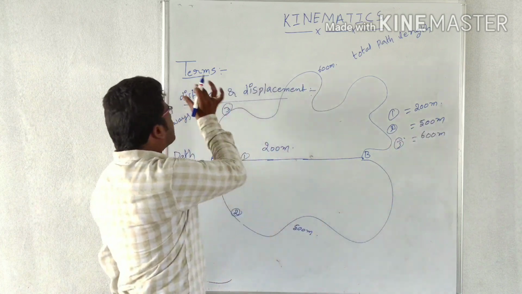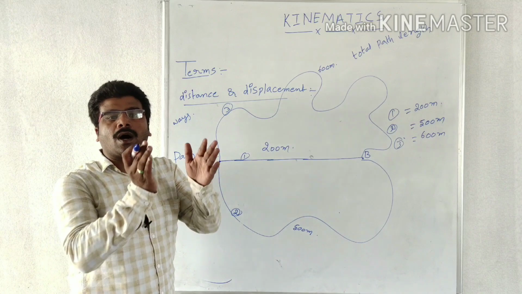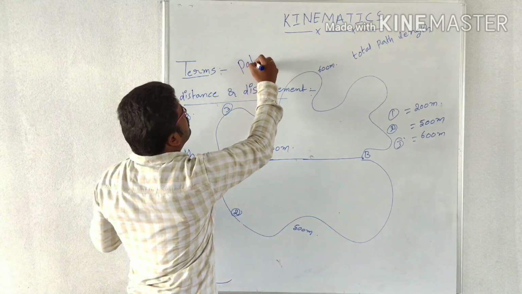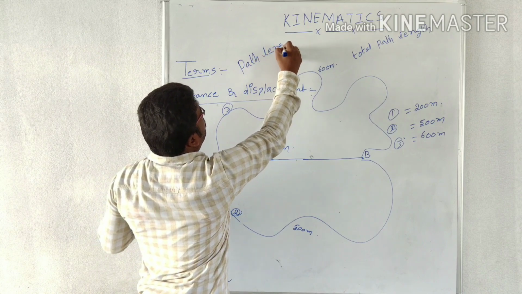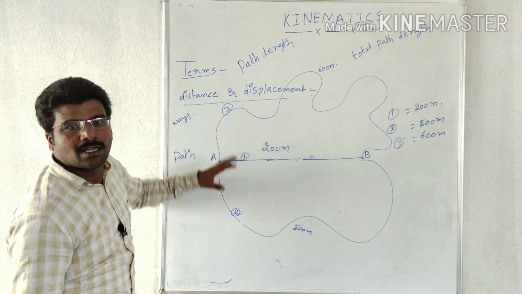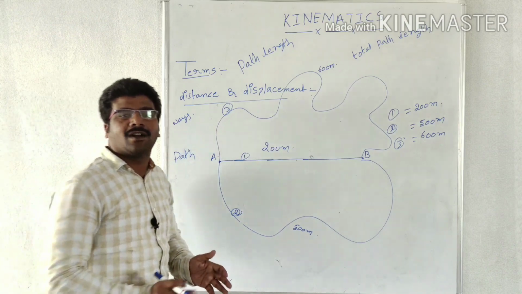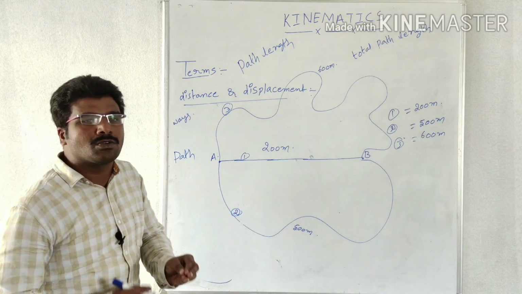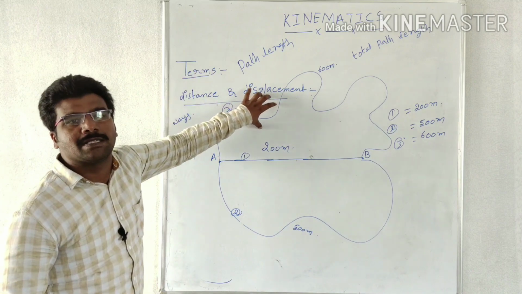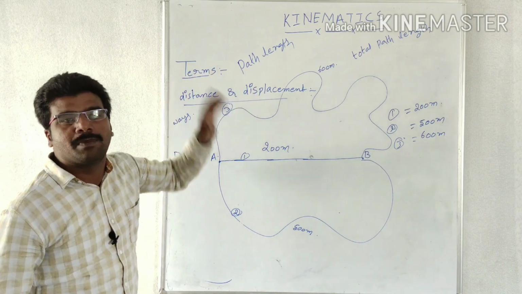So, distance gives the total path length. Simply, we can say path length equals distance. Okay, having an idea? In order to have a clear idea, in this class itself, we are going to do some more problems based upon distance and displacement after discussing displacement.